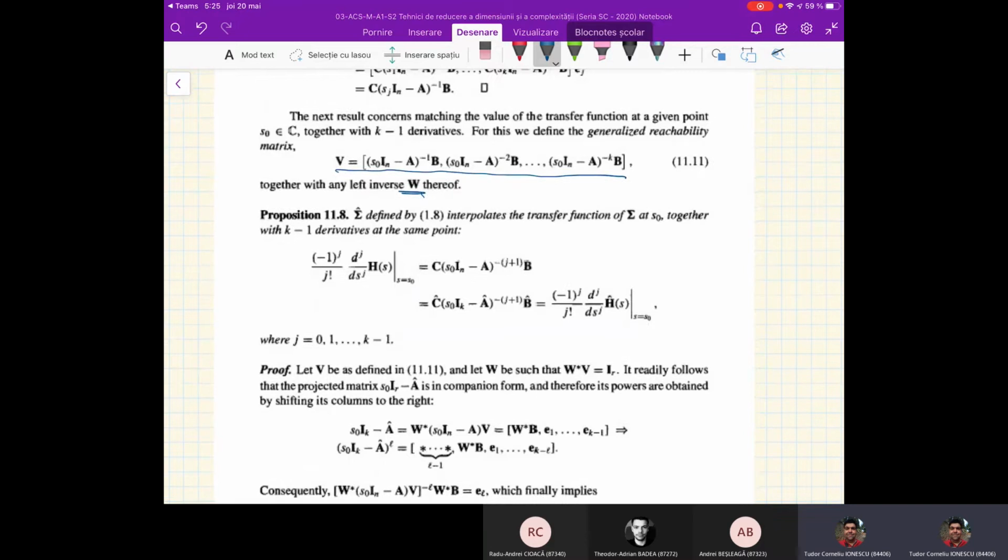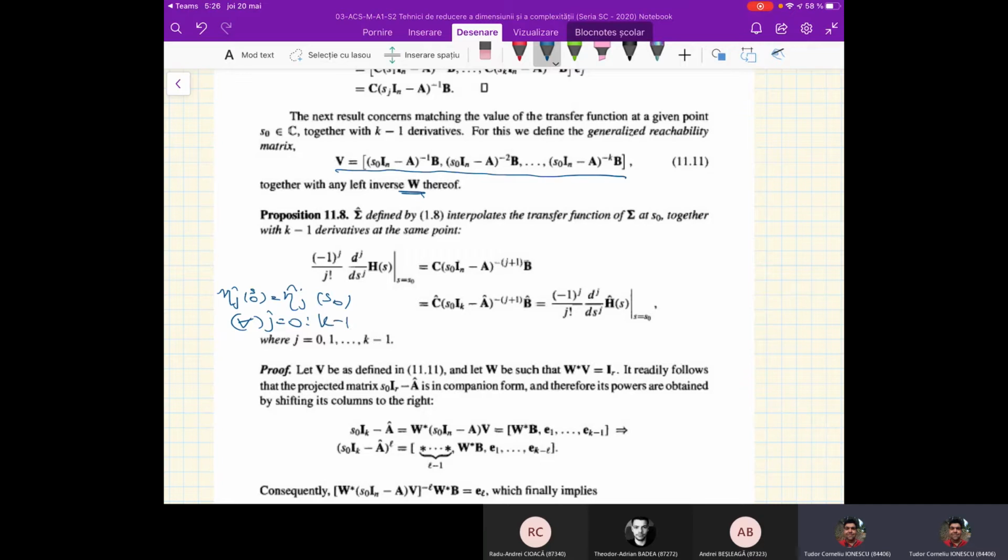Then, indeed, all the first K moments match: eta j of S0 equals eta j hat of S0 for all j from 0 to K minus 1.